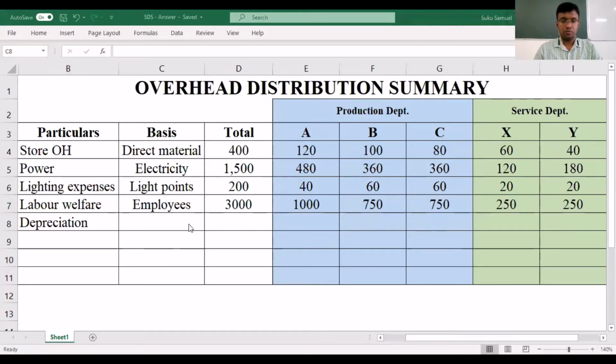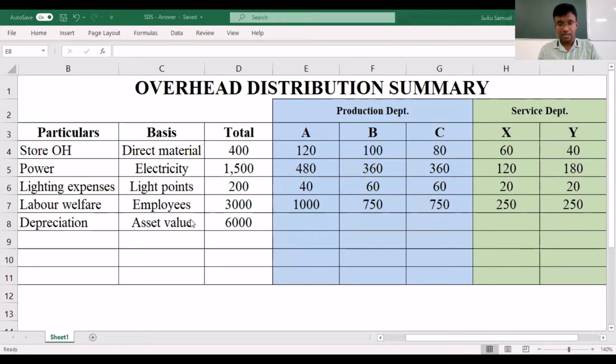When you add up the total value of your assets, asset value works out to be 1,20,000. Let's go about reapportioning this. We also have to find out the total depreciation for 1 year, which is 6,000.